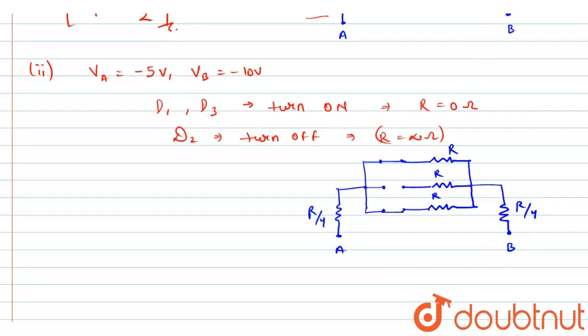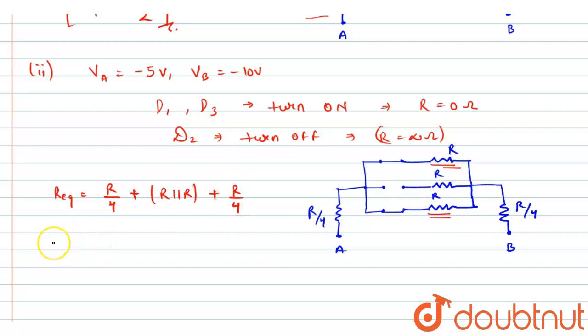Now see, to find the equivalent resistance between A and B, R equivalent would be equal to R by 4 plus, these two resistances will be in parallel, this R and R, so R parallel with R, plus in series we have R by 4 resistance.